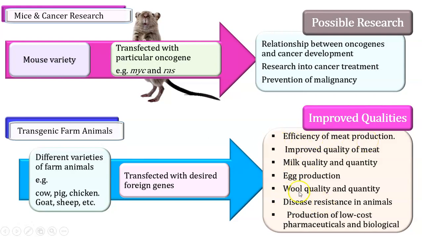This is done in case of pig, chicken, goat, improved quality of meat, milk quality and quantity, egg production in chicken, wool quality and quantity in case of sheep, disease resistance in case of most of the animals, and production of low cost pharmaceutical and biologicals.